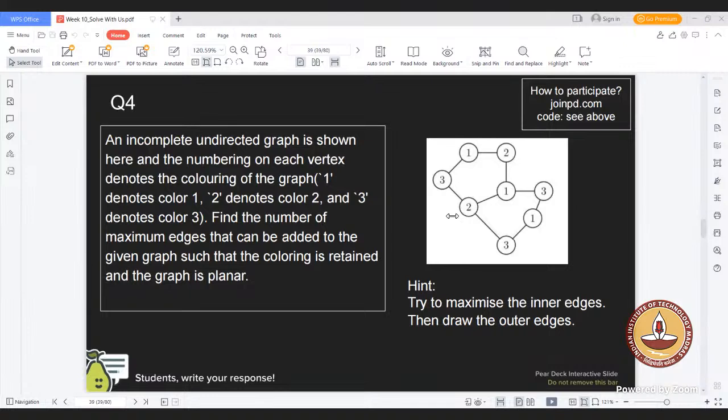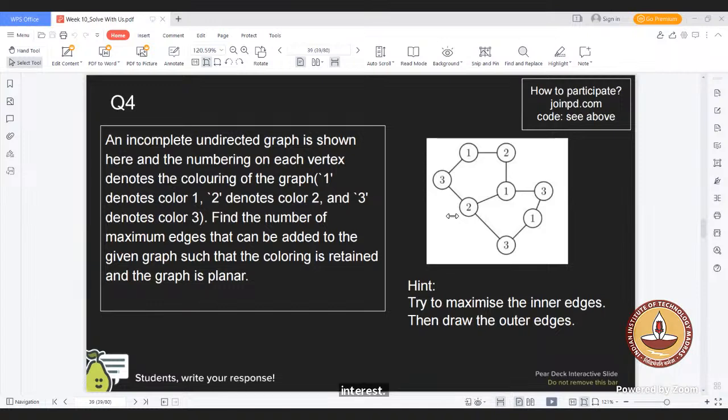Yeah, now someone is getting the correct answer. You can just directly draw it, but make sure that those two properties are there. You can't put an edge between the same color vertices, and the edges also can't intersect. Even outer edges can't intersect.